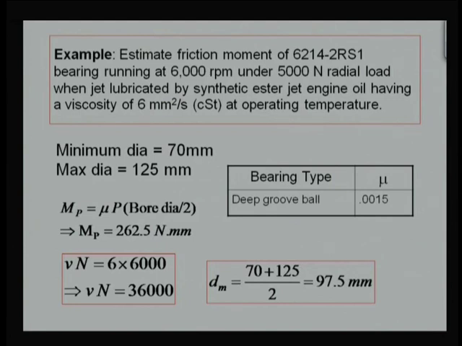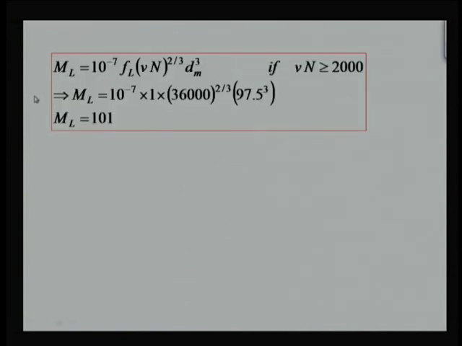For the first relation, we require dm, which in this case is 70 plus 125 divided by 2, the mean diameter, and that turned out to be 97.5 mm. The mean diameter and the product are now known to us. We can directly use the relation which we described in the previous slides.